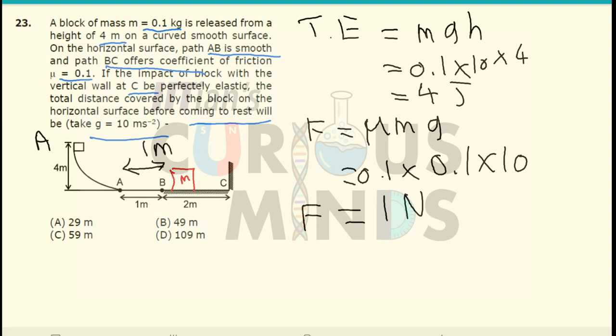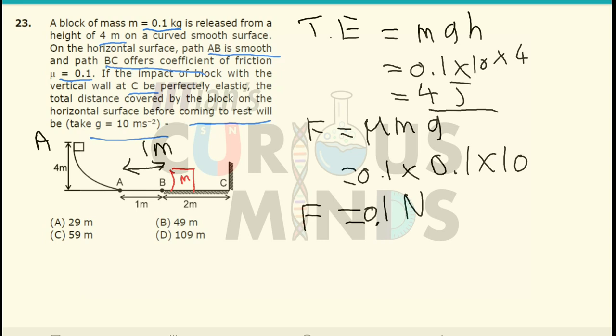So by this frictional force, whatever may be the initial velocity, the total energy over here is equal to 4 joules. So how much distance can it travel till the 4 joules of energy is completely consumed by the non-conservative force? Over here the force is 0.1 Newton.